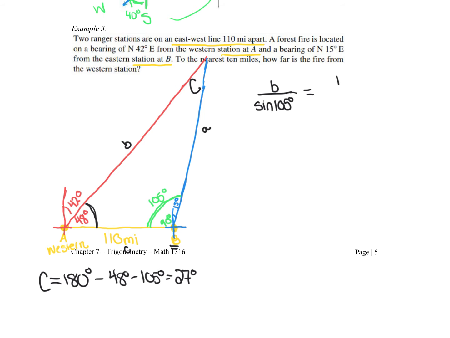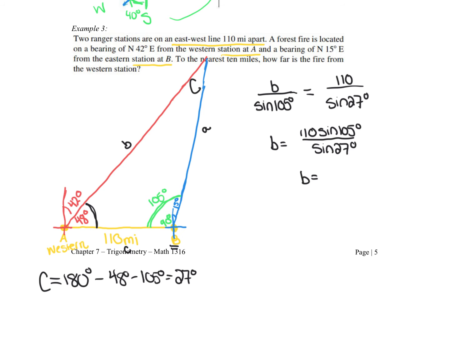So now I can say that 110 miles over sine of 27 degrees equals B over sine of 105 degrees, so B will equal 110 sine of 105 degrees divided by sine of 27 degrees.